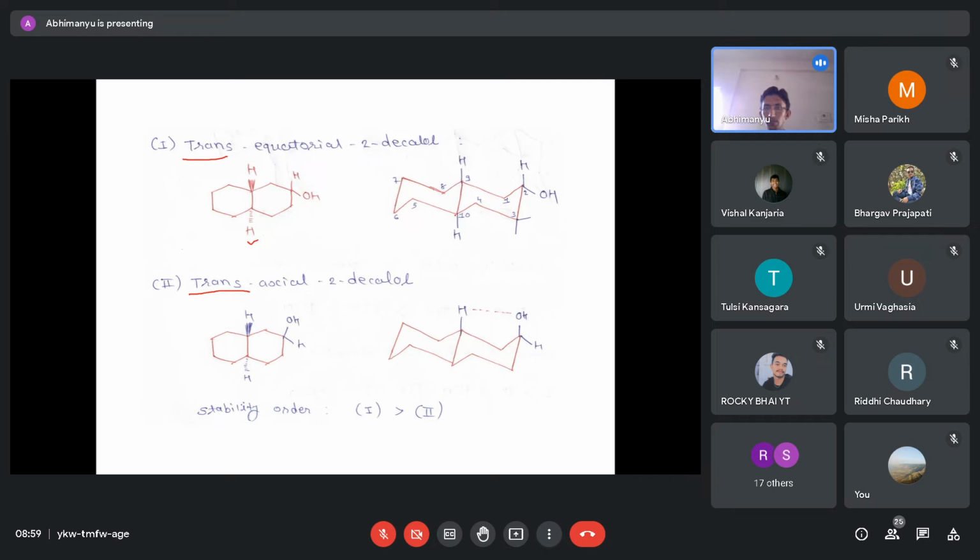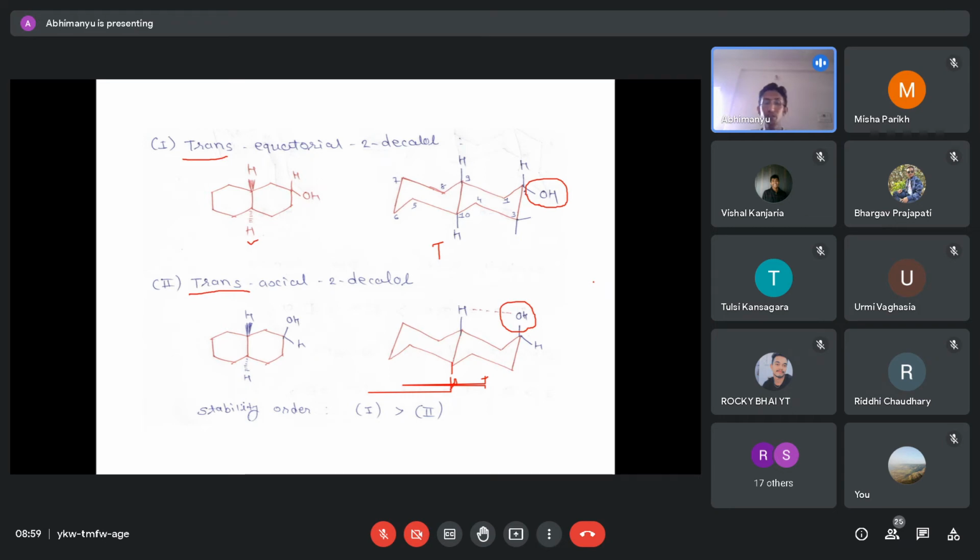It is only possible in the case where 1 and 2 hydrogens are at the axial positions. So this one is the trans structure. This one is also a trans structure. But in the first trans structure, OH can be at equatorial and OH can be at axial positions.